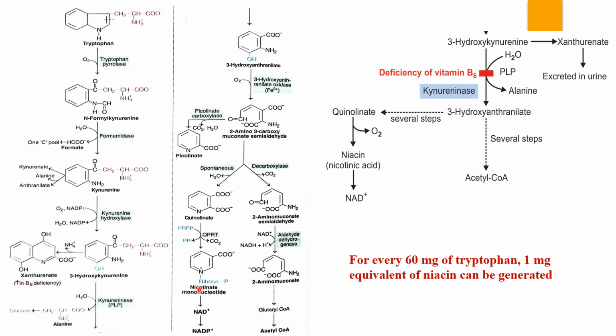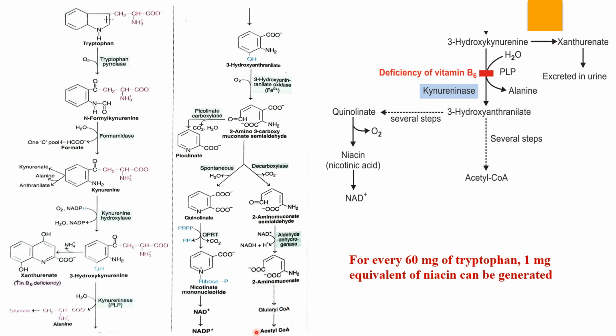So this is how two very important biological products, NAD and NADP, which are the active forms of vitamin B3, are produced. Then further, this muconate semialdehyde can also be converted into 2-amino muconate semialdehyde with the loss of carbon dioxide, which can further, after several steps, be converted into glutaryl coenzyme A, which will finally be converted into acetyl coenzyme A, which is ketogenic in nature.